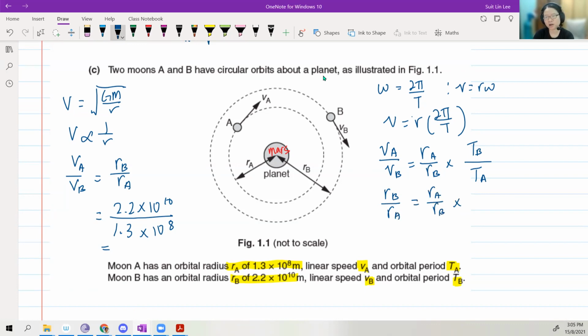If you are a bit apprehensive in writing this way, so your examiners are a bit lost, then you just mention here 2 pi is constant.